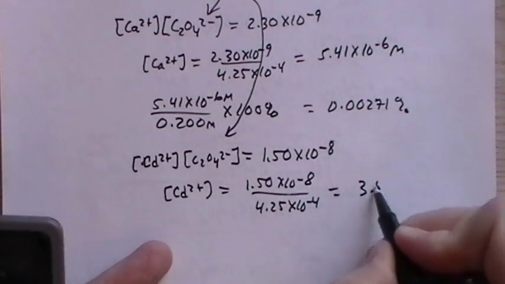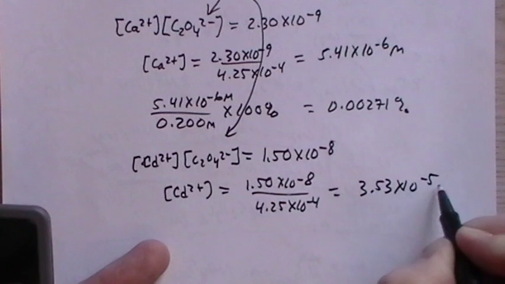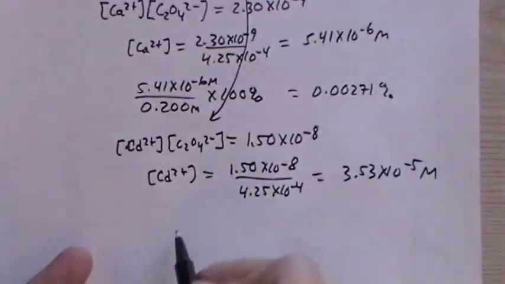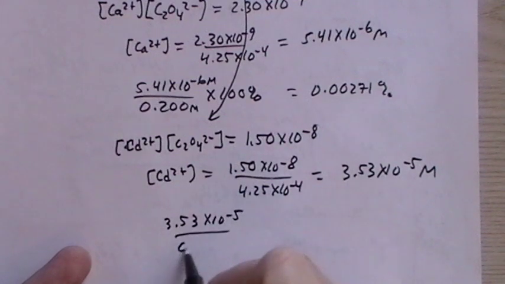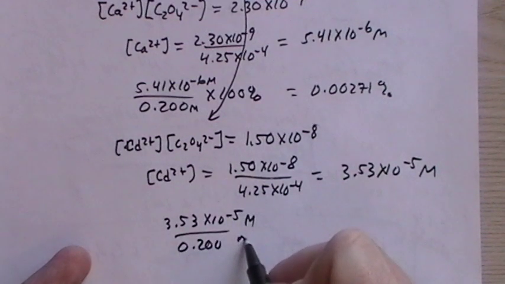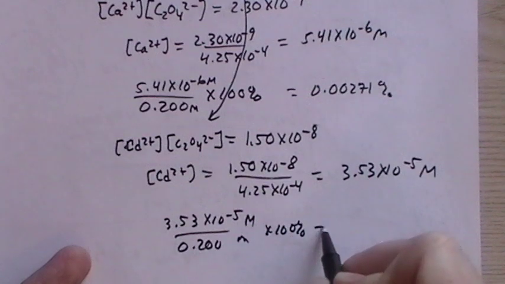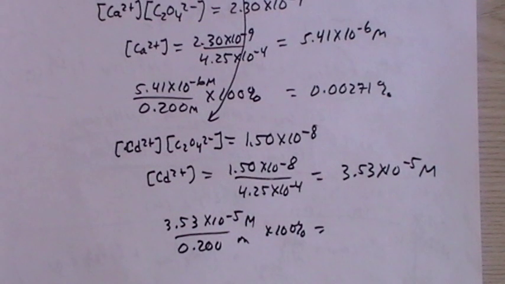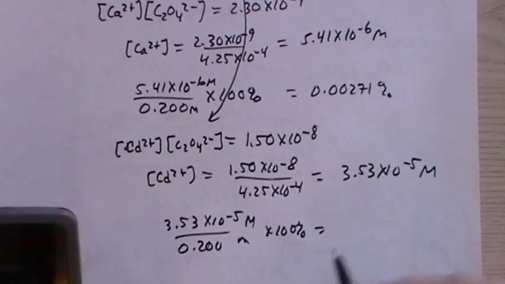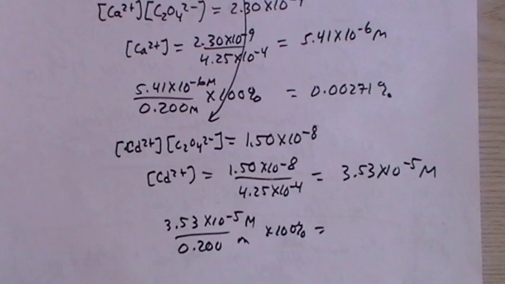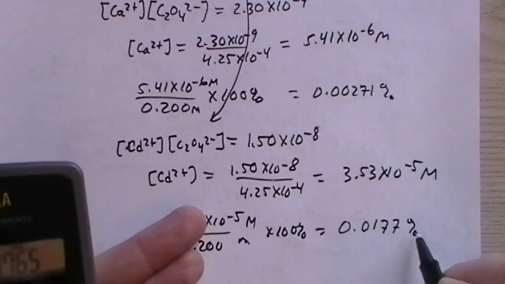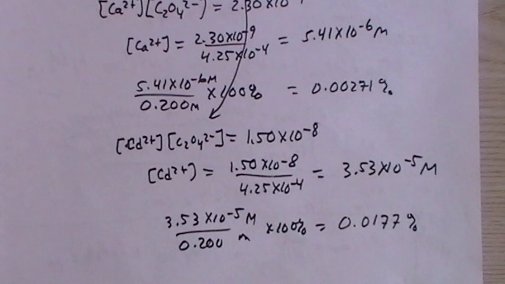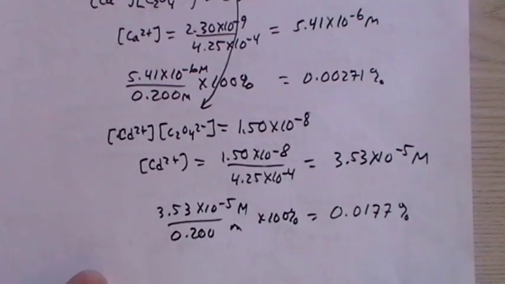So this is 3.53 times 10 to the minus 5 molar. It is larger, and we want to figure out the percentage that's left. And we get 3.53 times 10 to the minus 5 divided by 0.2 times 100. And we end up with about 0.0177%.